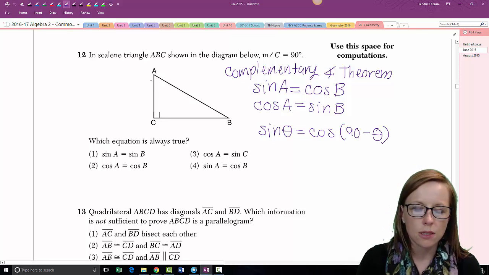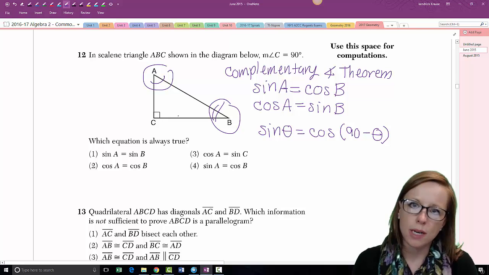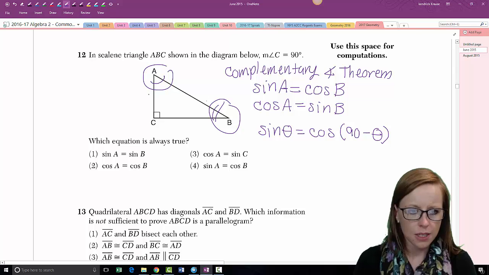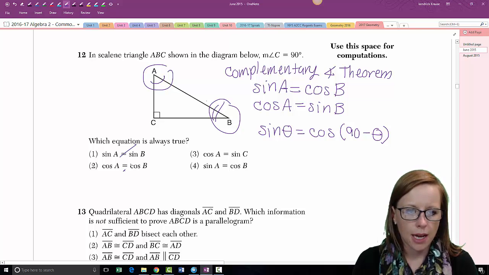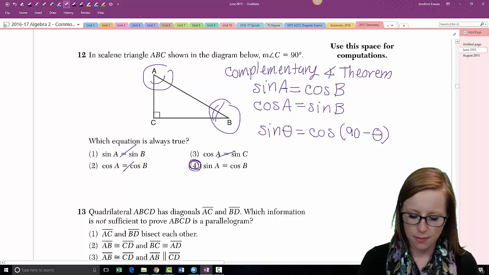Because these two angles, A and B, will add to 90 every time, because we've already used 90, there's 180 in a triangle. So that's why it says 90 minus theta over here. So let's see. Not that one, not that one. Cosine A, nope. Sine of A is equal to cosine of B. That's the complementary angle theorem.